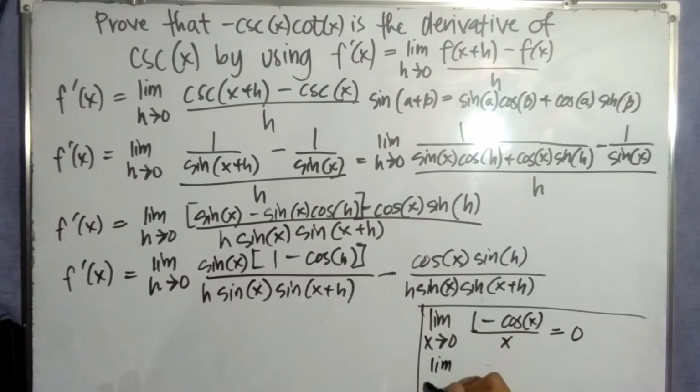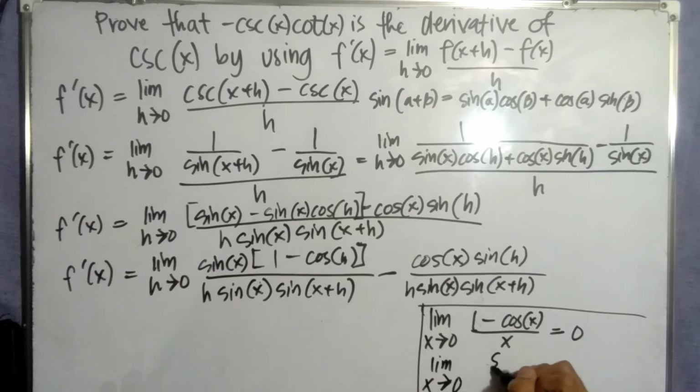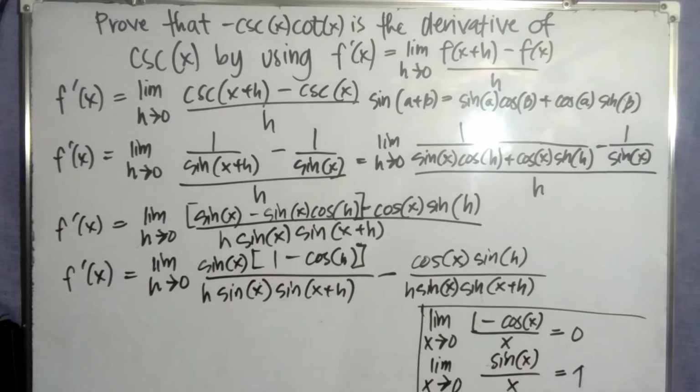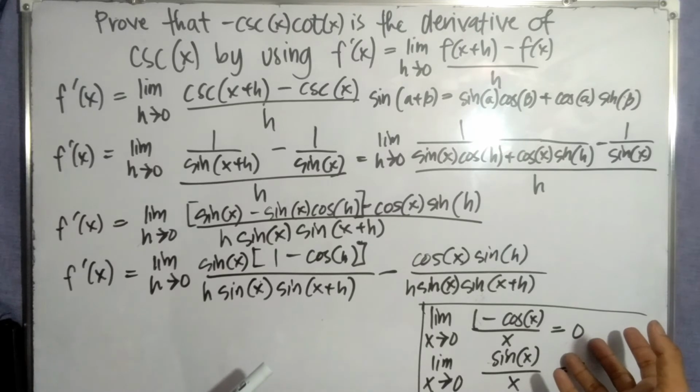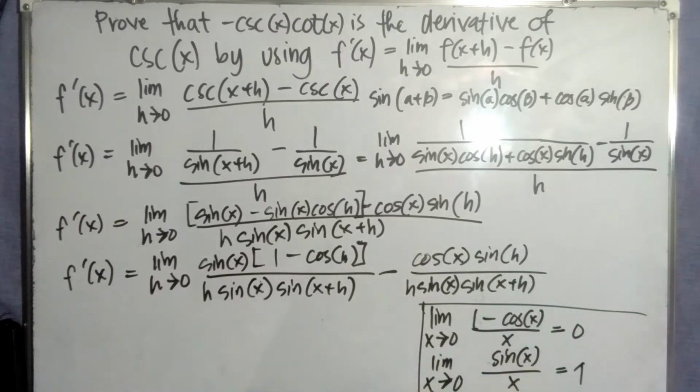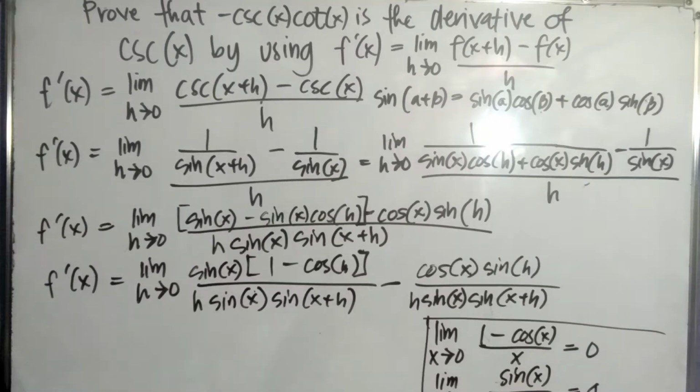And the limit as x approaches 0 of sine x all over x is equal to 1. So, pwede nyo siyang ma-prove na ganyan yung identity niya by applying left and right hand limit and by using L'Hopital's rule.